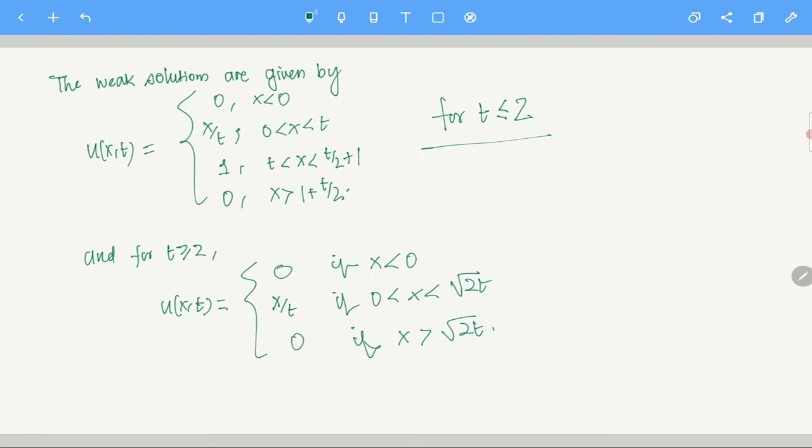So this particular solution is an admissible weak solution. If you are not convinced, please check it yourself. This is the admissible weak solution which we have obtained. With this we are going to end this video.